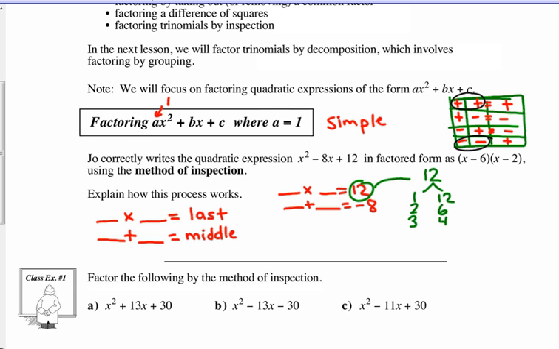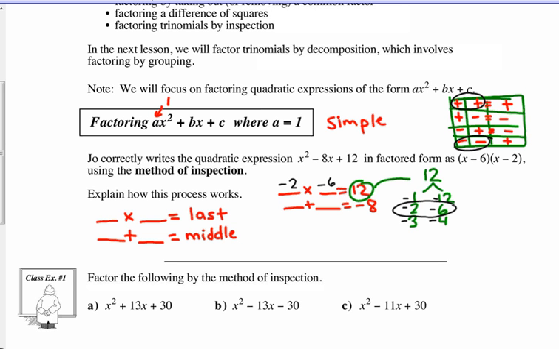It has to be both negatives. So -1 times -12 gives you positive 12. -2 times -6 is positive 12, and -3 and -4 would multiply to positive 12. So which ones add to -8? -2 and -6. Those are our numbers.